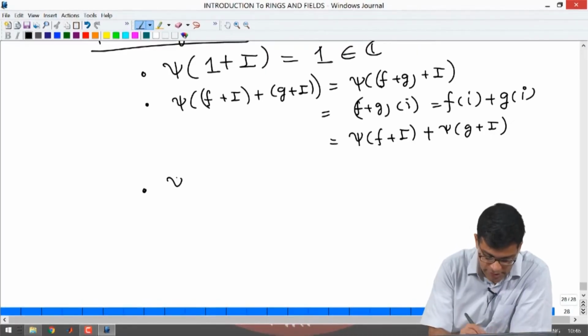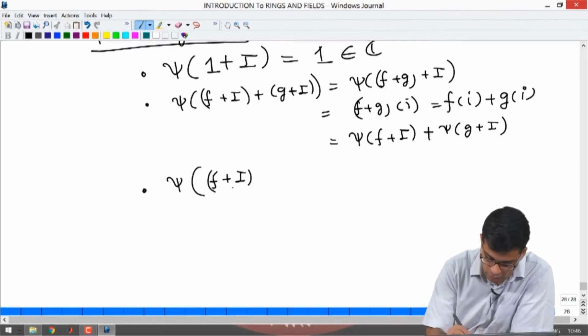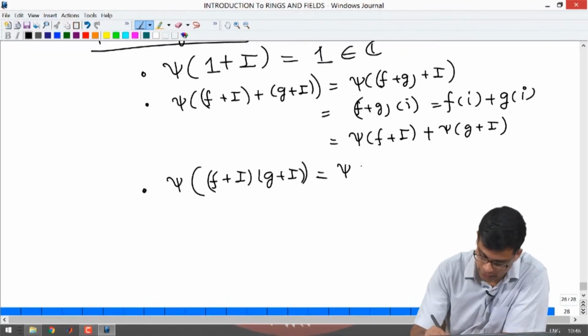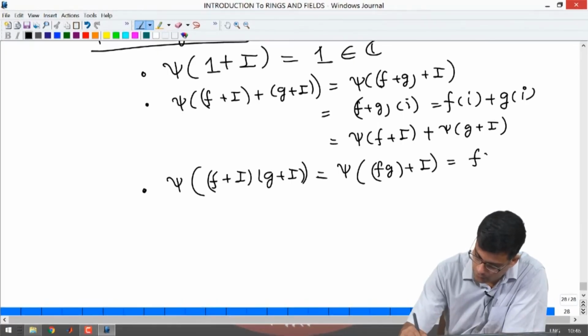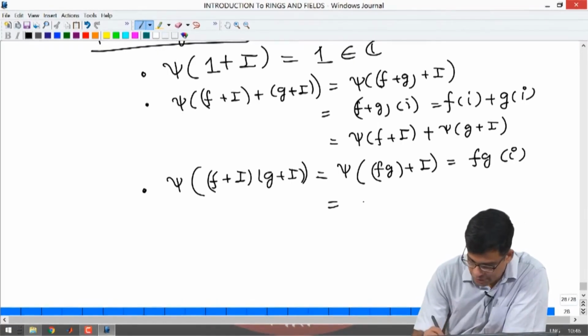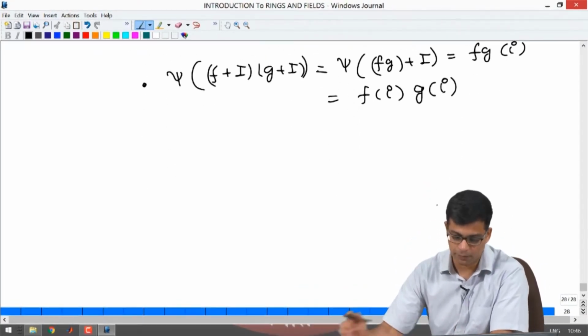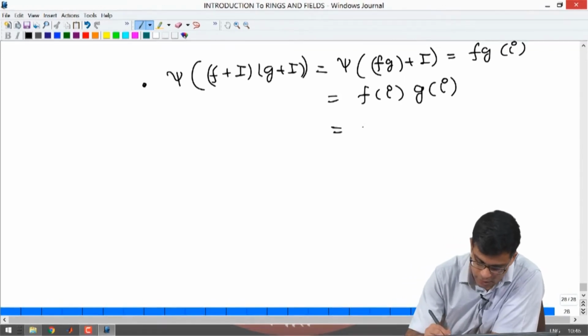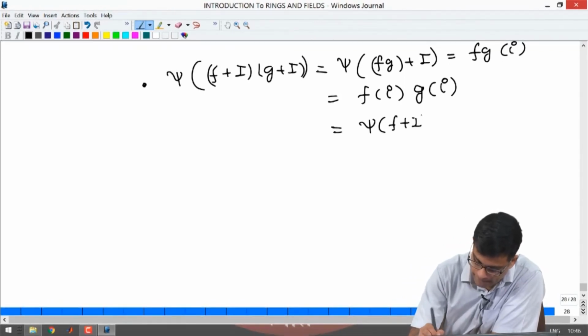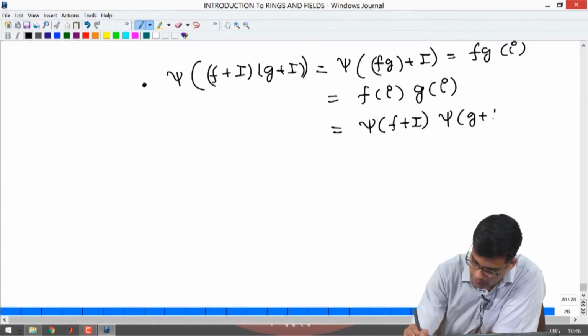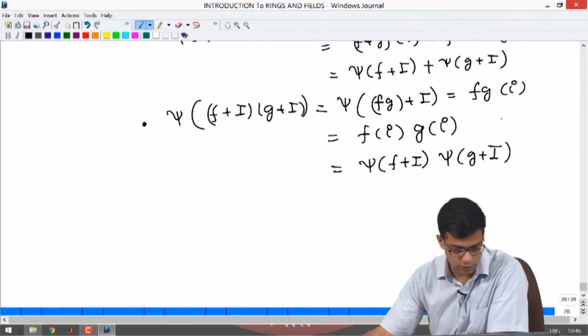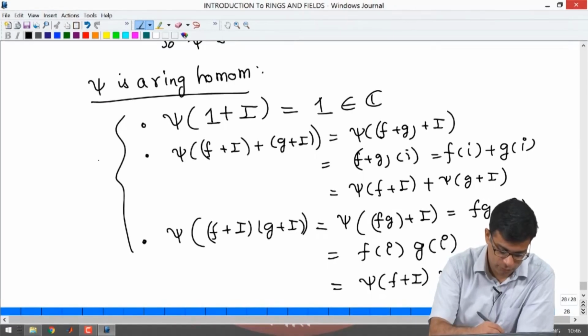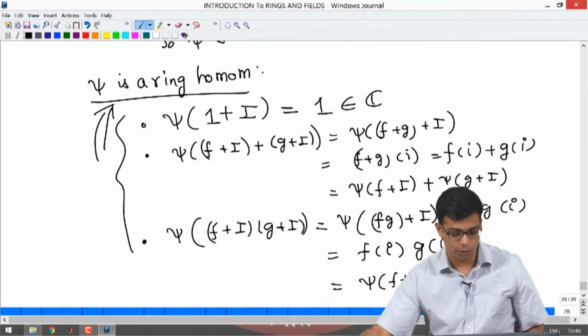And finally, psi of (f + I) times (g + I) is, by definition of multiplication, psi of fg + I, which is (fg)(i) by definition of psi, which is f(i) times g(i) by properties of polynomial rings, and this is psi of (f + I) times psi of (g + I). Okay. So, these three properties imply that psi is a ring homomorphism.